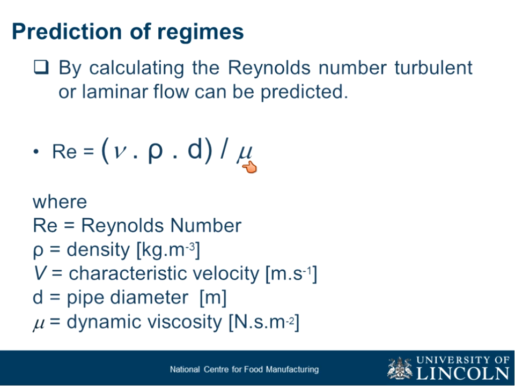This is the formula for your Reynolds number. This V is your velocity. You can see the unit is meter per second, not meter cube per second. So it is not flow rate, it is velocity. If you are given velocity, that is perfect, use it. If you are given flow rate, you need to look for your cross-sectional area and use that to calculate your velocity. Then use that to calculate your Reynolds number once you have your density, diameter, and dynamic viscosity.